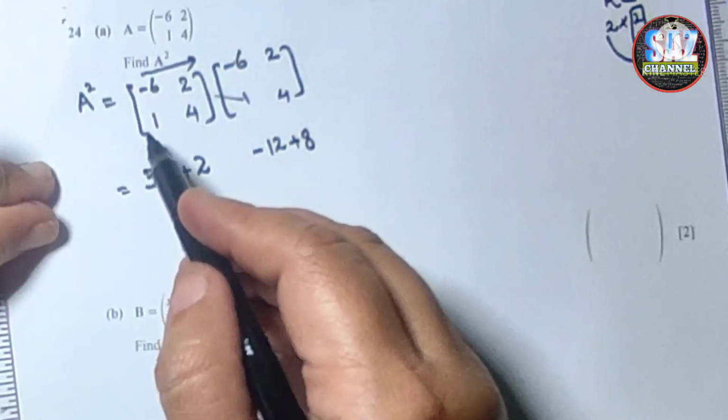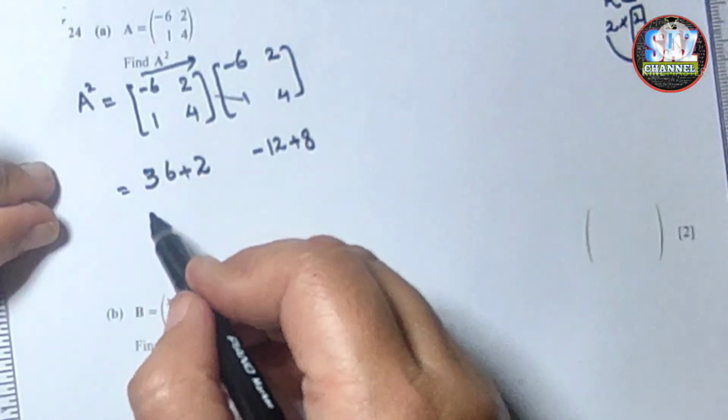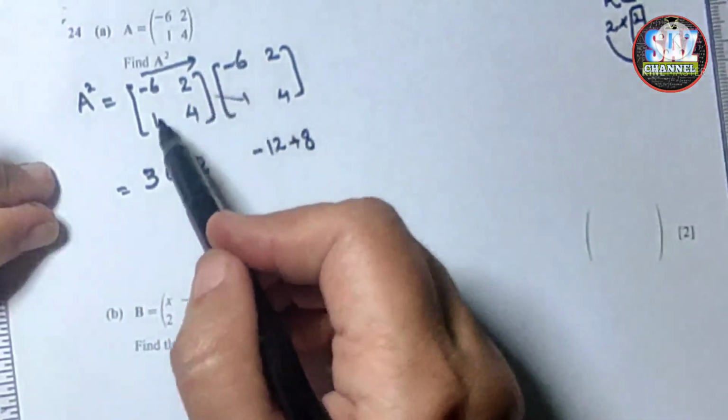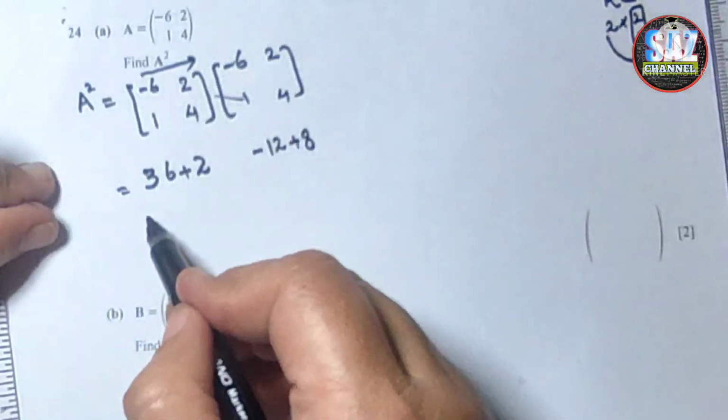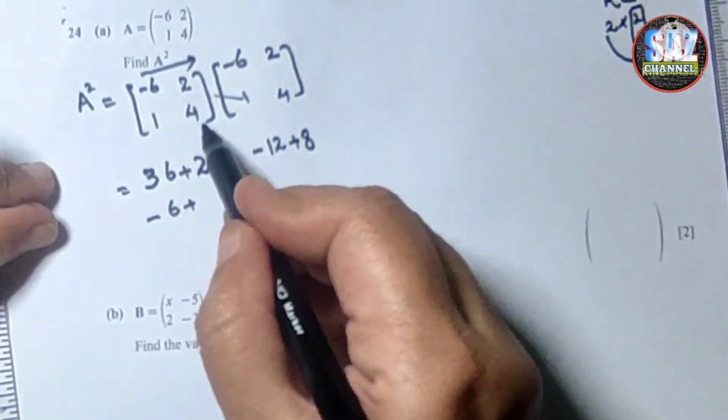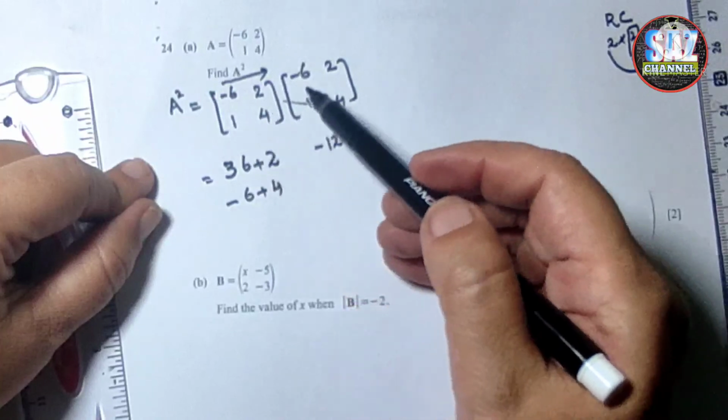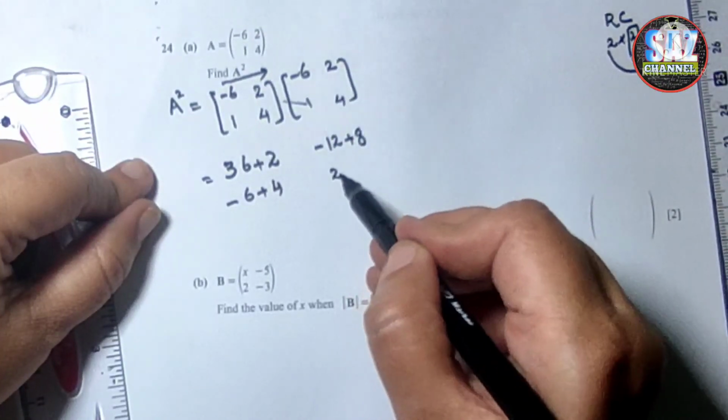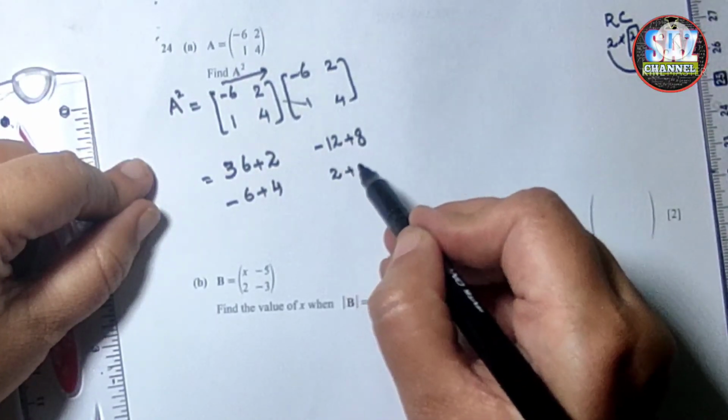Then I have to go to the second row of the first matrix. 1 times minus 6, plus 4 times 1, and then 1 times 2 is 2, plus 4 times 4 is 16.